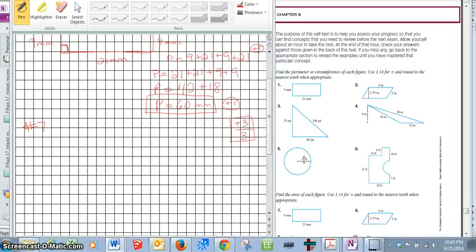Number 7 is interesting because it's the same diagram. Do I have to draw the diagram even if it's exactly the same? The answer is yes. You will draw the diagram each time and copy the labels each time.